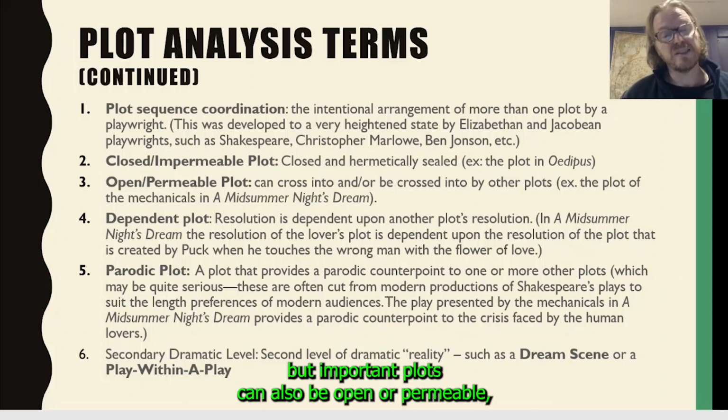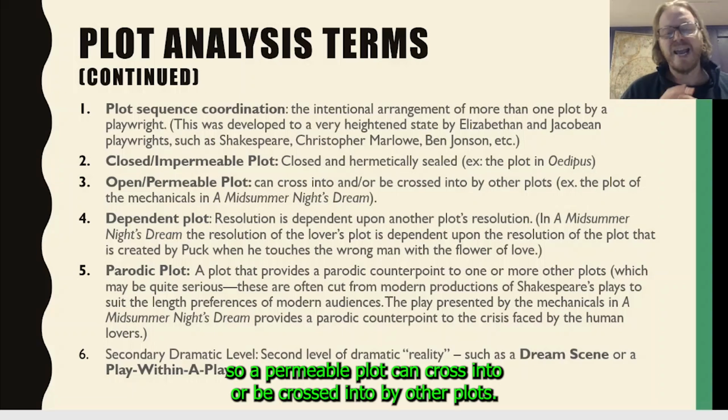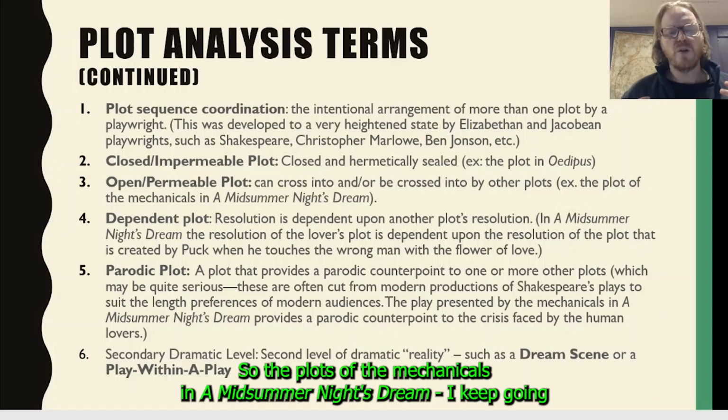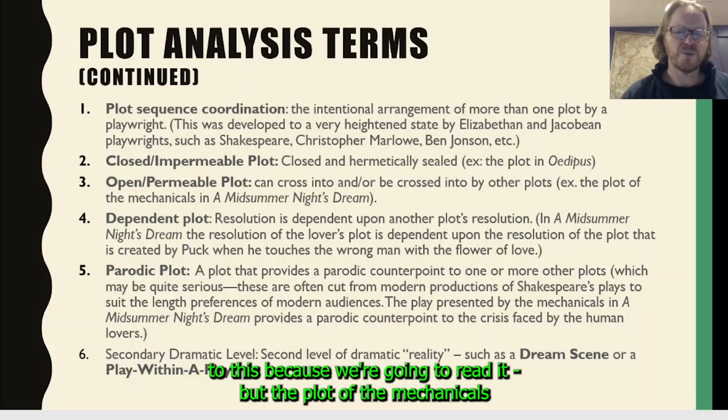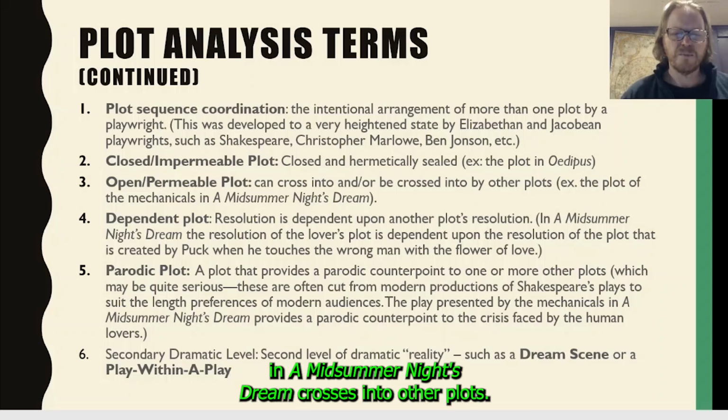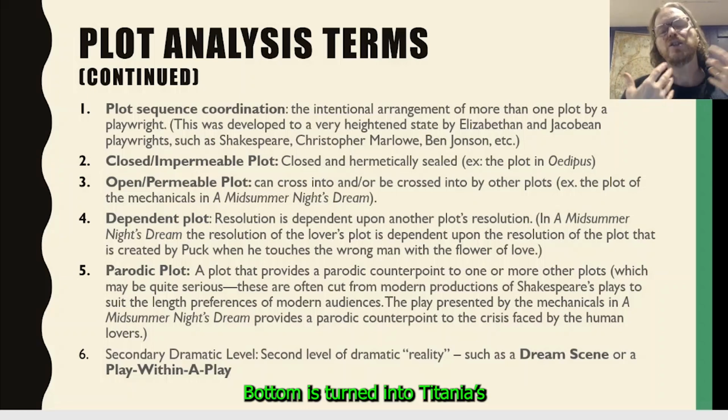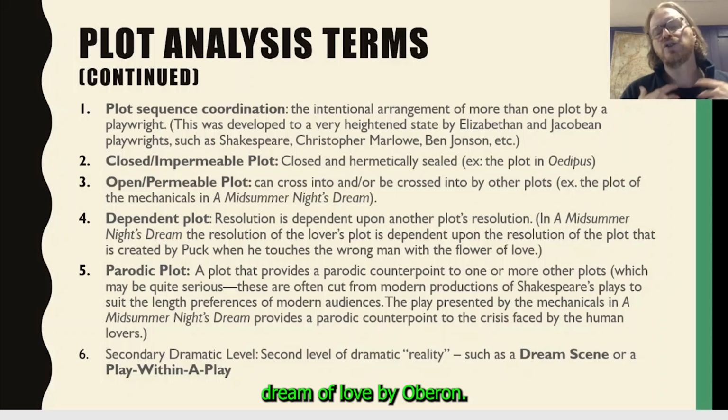But important plots can also be open or permeable. A permeable plot can cross into or be crossed into by other plots. So the plot of the Mechanicals in A Midsummer Night's Dream, I keep going to this because we're going to read it, crosses into other plots. Bottom is turned into Titania's dream of love by Oberon.